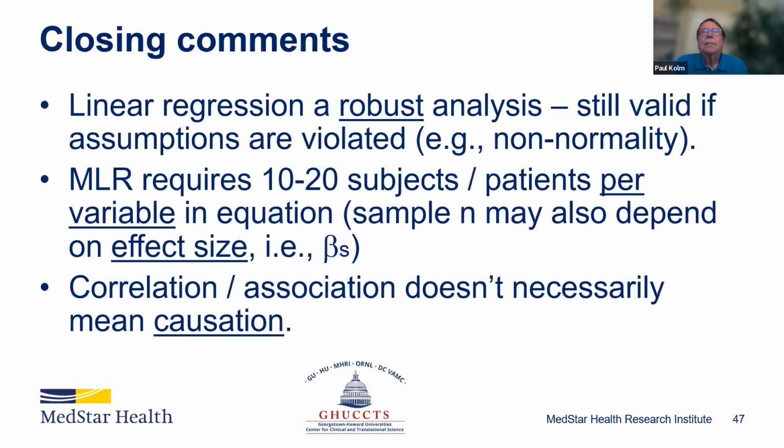Okay, let me close then with these comments, and then if we have a couple minutes, questions. So linear regression is what we call a robust analysis. What that means is it's still valid if assumptions are violated, for example, the most common one being non-normality.